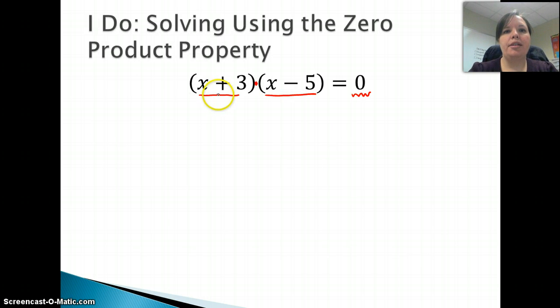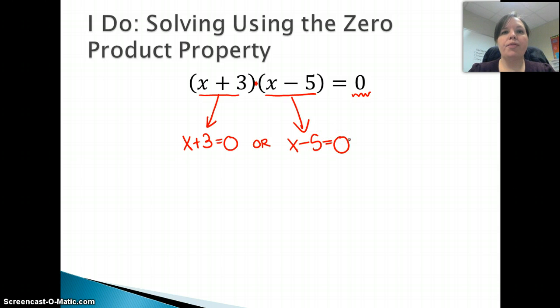So because I have a product here, either the first quantity has to be equal to 0, or the second quantity has to equal 0 in order for my overall product to be 0. So what we're looking for here is what x values will give me a value of 0 in the end.